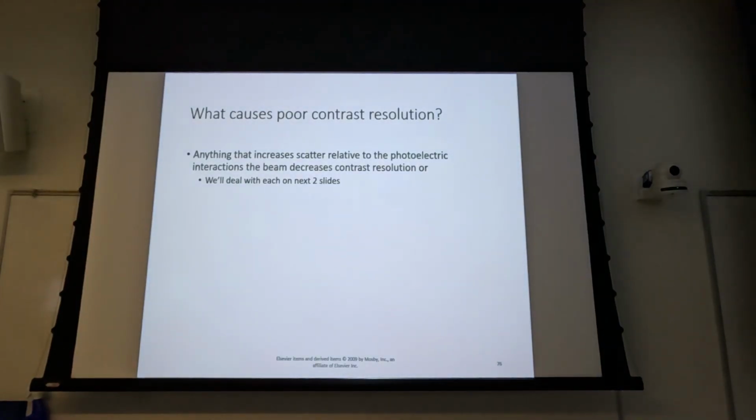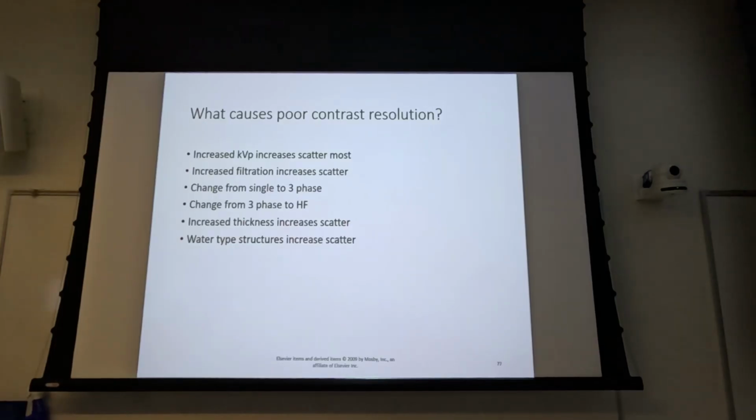So what causes poor contrast resolution? That would be scatter radiation potentially can have the greatest effect on it, and that's usually because of increased tissue thickness, more so than what kVp does. But just to cover our bases, theoretically, anything that increases the peak energy or pushes it towards the high energy side does increase penetration, right?